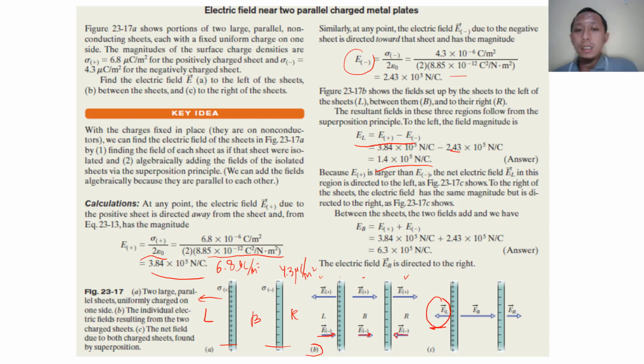And then between the sheets, we can check in B that the directions are similar. So EB is E plus plus E minus, so we get 6.3, and the direction is to the right, because it is similar to E plus and E minus. And then the right side is similar to the left side.